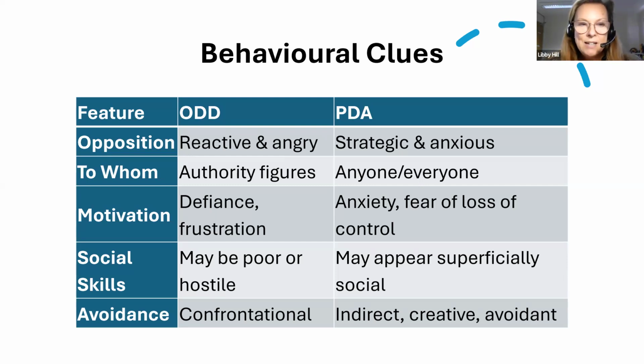ODD, defiance, frustration. With PDA, anxiety and a fear of a loss of control. Social skills: ODD, they may be poor, or they may be described as hostile, whereas PDA may appear superficially social. The avoidance will be confrontational in ODD, but indirect, creative, avoidant in PDA.